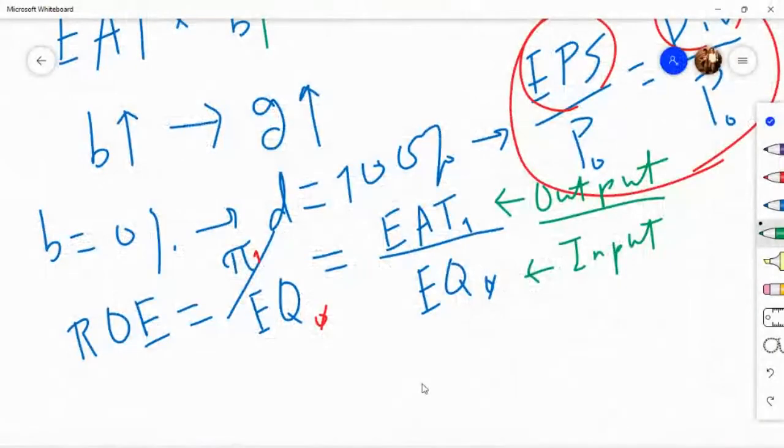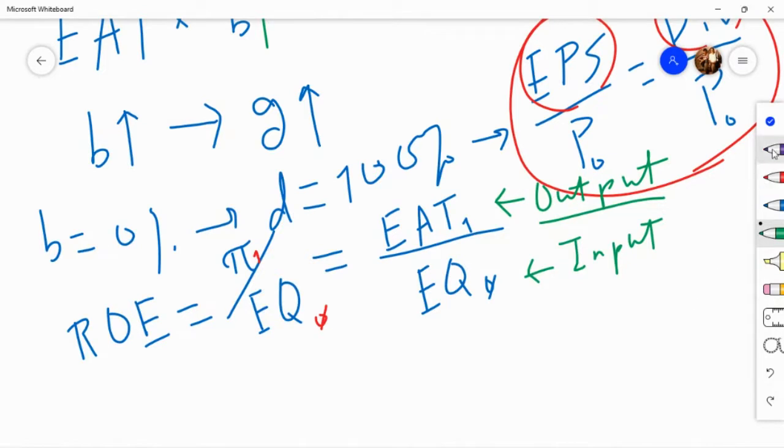So where was I? Return on equity is the very basic metric of measuring the productivity of the equity, and stock is the equity, right?